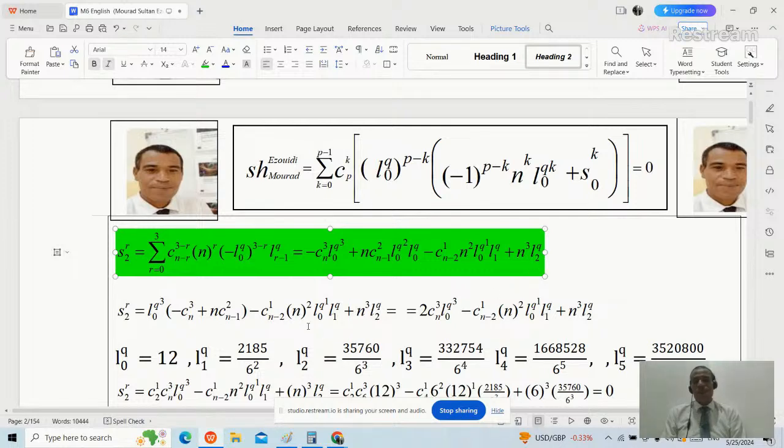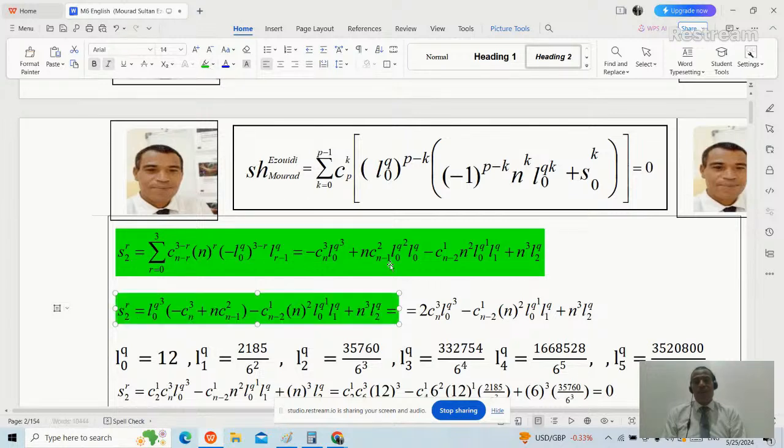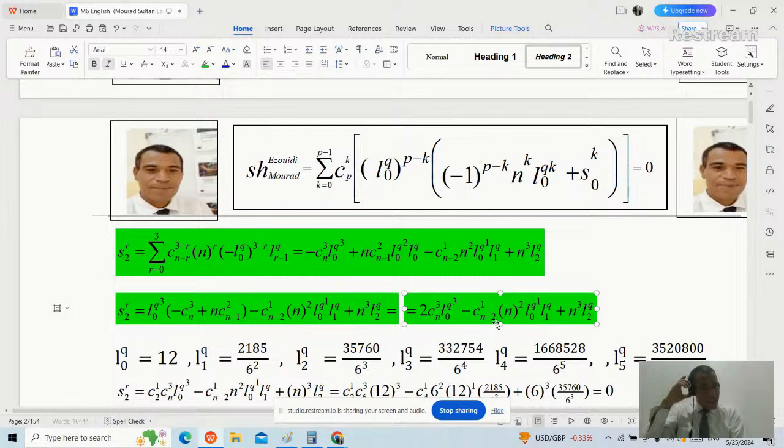Now, learners, let's continue explaining how to find the value of S2 using the discriminant formula of Mr. Mourad Sultan Ezouidi. After simplifying, you can note that L0 of order q raised to the power 3 is a common factor, so I put it outside the brackets and simplify as much as possible.